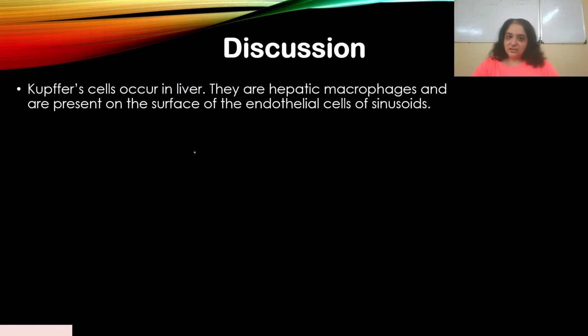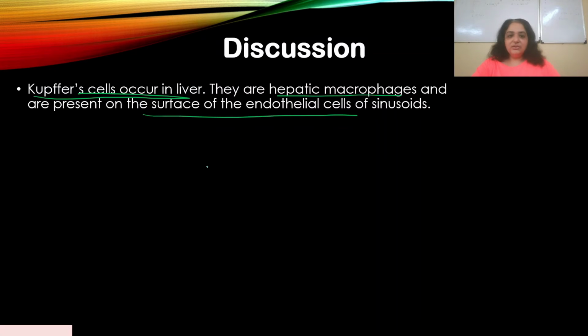So Kupffer cells occur in liver. You have to remember this. This is anatomy of the liver. I think this was there also in part 1 of the same digestion absorption chapter, so you can go back and watch that video also. And they are hepatic macrophages, present on the surface of the endothelial cells of sinusoids.